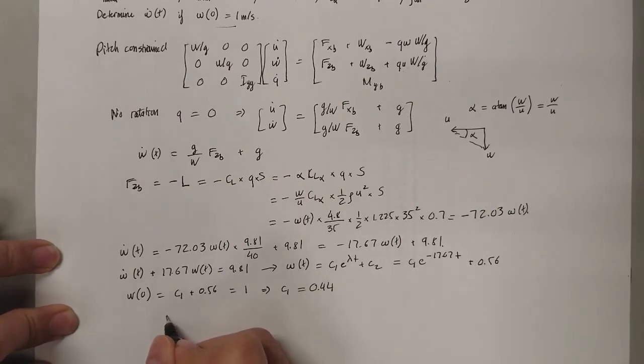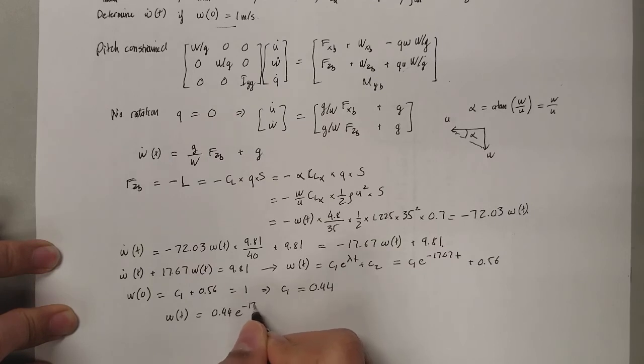And so the final solution for our problem is going to be 0.44 e to the negative 17.67 t plus 0.56.